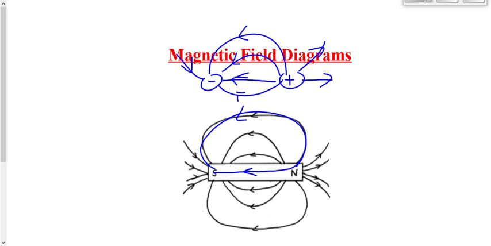If we trace these field lines around from north to south, inside they end up going from south to north. Yes, from south to north. That's the wrong direction there. If we look at our domains, the domains are all pointing from south to north. So really these domains are just a reflection of which way the magnetic field points inside the bar magnet.